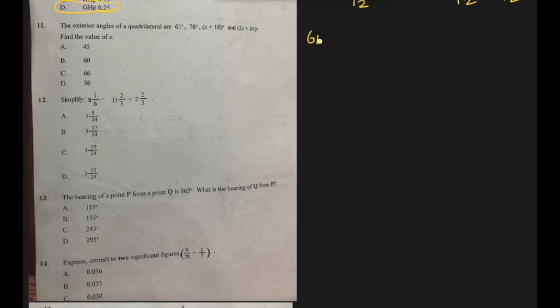So 61 plus 76 plus x plus 10 plus 2x plus 45 will be equal to 360. Let me see, quadrilateral. 1, 2, 3, 4. Yeah, 4 of them. So x plus 2x is 3x. 61 plus 76 will be 137, 147, 152, 192.